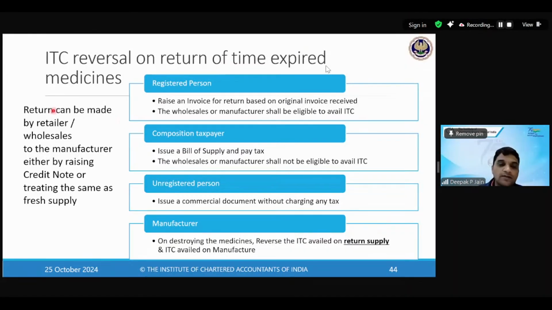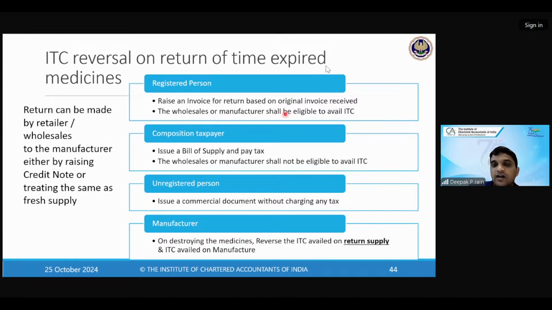So there are two options possible: when the return is made, you treat it as a fresh supply and the retailer can raise an invoice, or the supplier can raise a credit note.